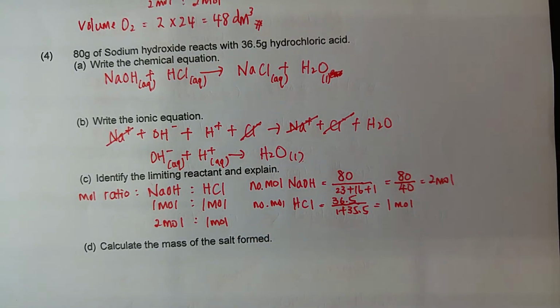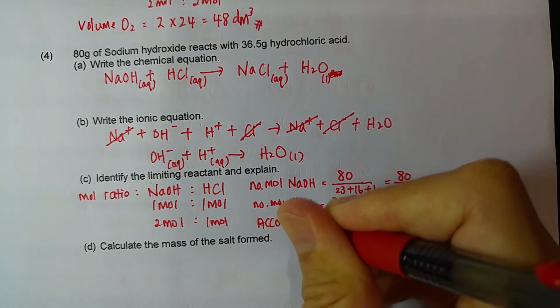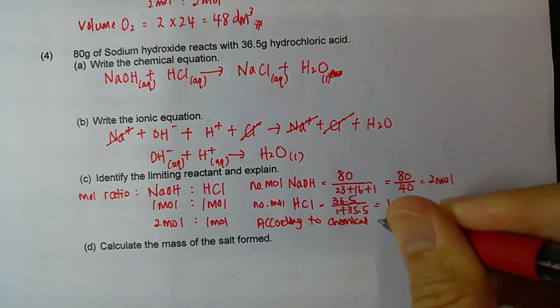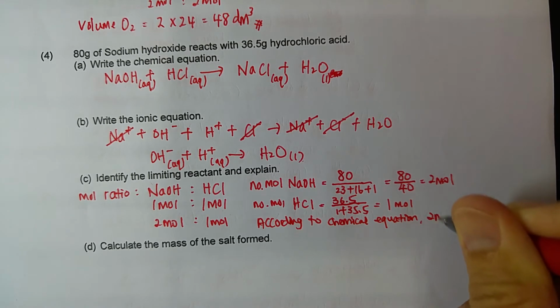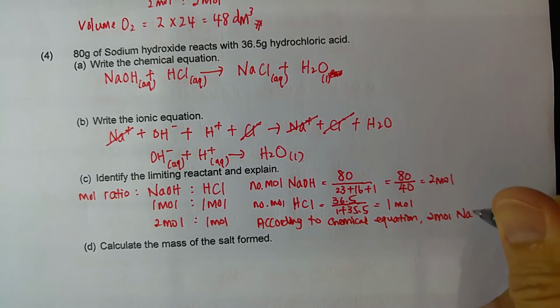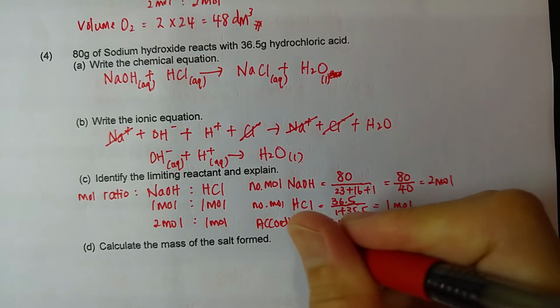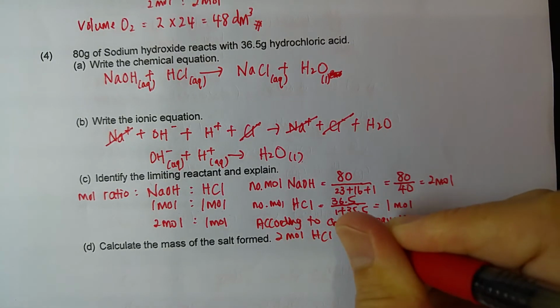Okay, for number 4, the HCl is the limiting reactant. So how do you explain? You can just say, according to the chemical equation, 2 mole of NaOH would need 2 mole of HCl to react.